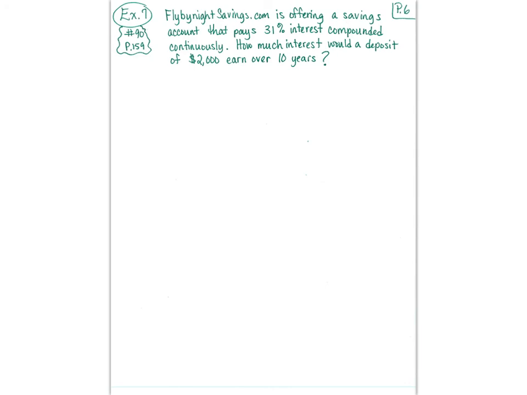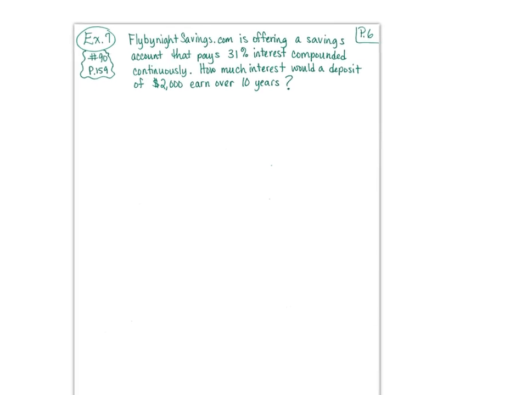There. Okay, so our last example here, and I see some working on it already. You have flybynightsavings.com offering a savings account that pays 31% interest compounded continuously. How much interest would a deposit of $2,000 earn over 10 years? You want to go ahead and try it?